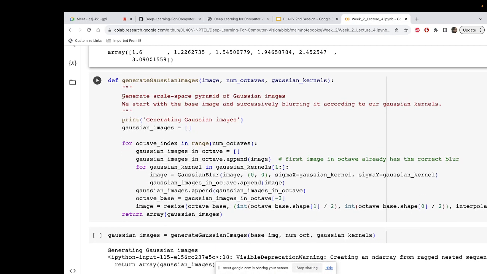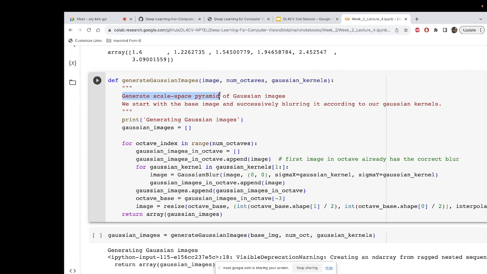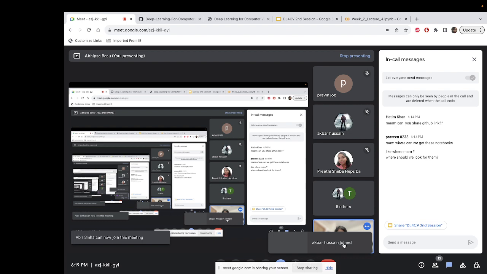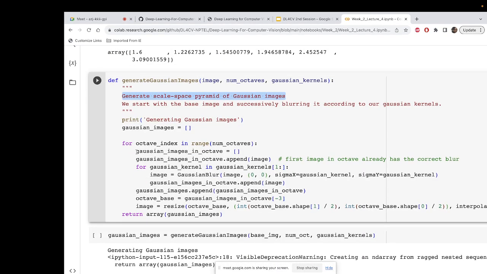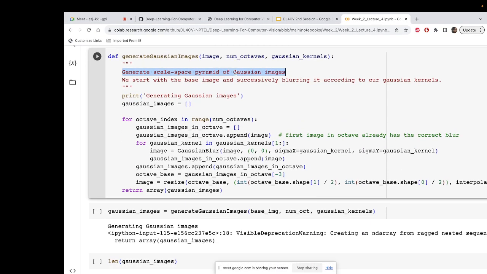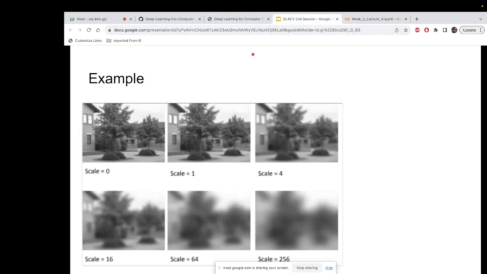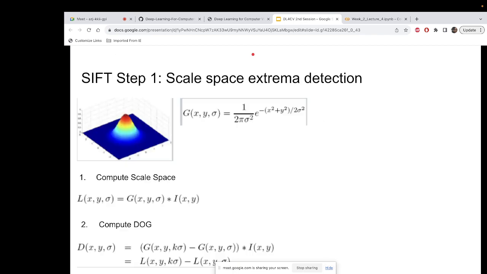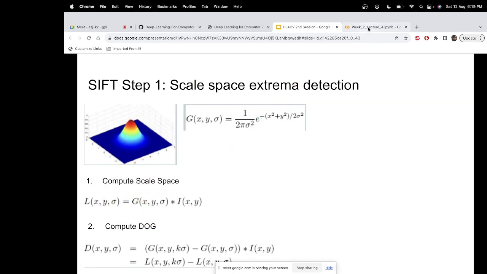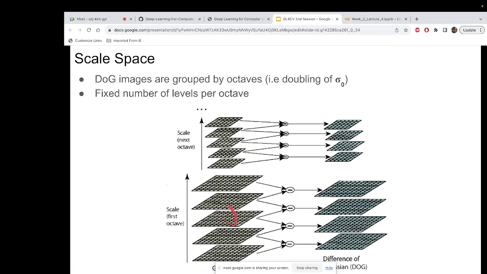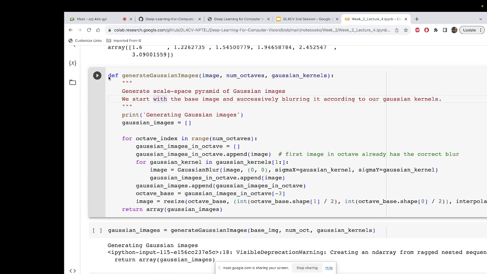Now this part generates the scale space pyramid of the Gaussian images. If we go back, scale space is given by this, right? We have the Gaussians, and we generate the scale space for each of these scales in a given octave, which is done by this function.